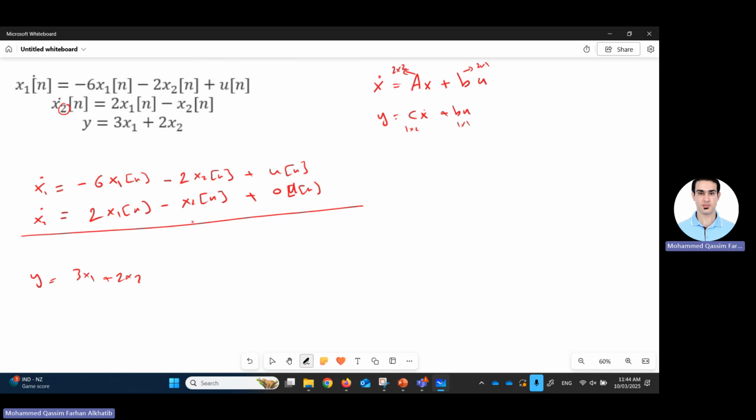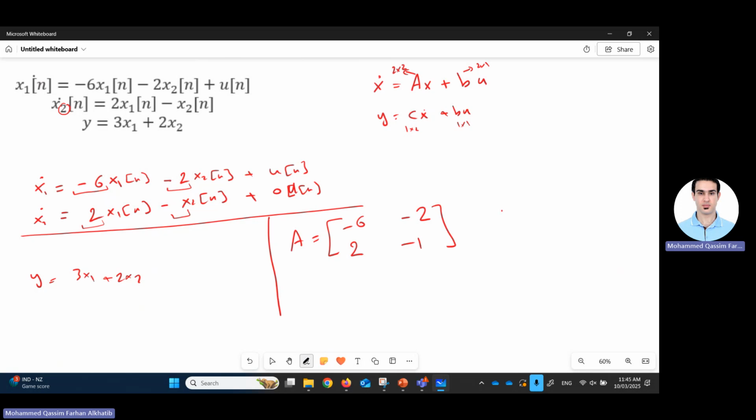Now, if you look at the matrix A, just look at the coefficients. They are already organized. So I have negative 6, negative 2, 2, and negative 1. That's A, already organized.